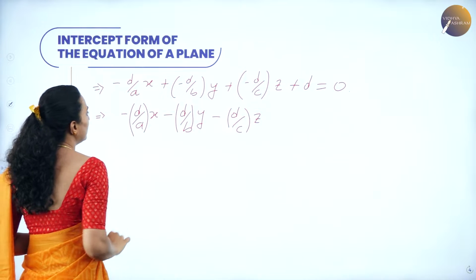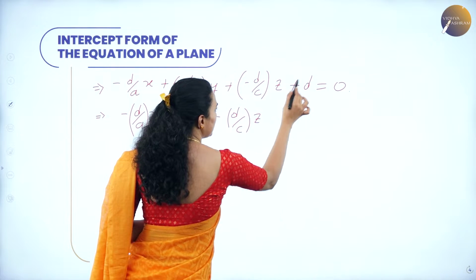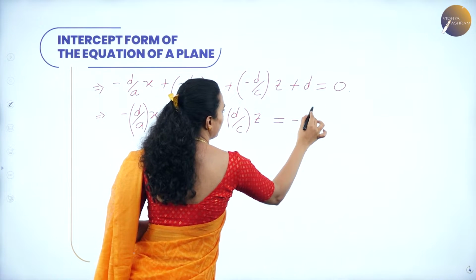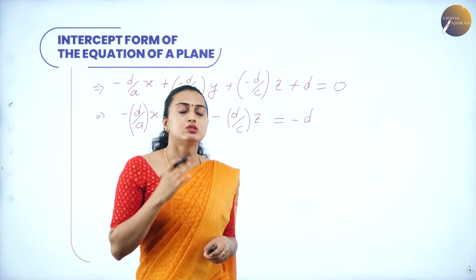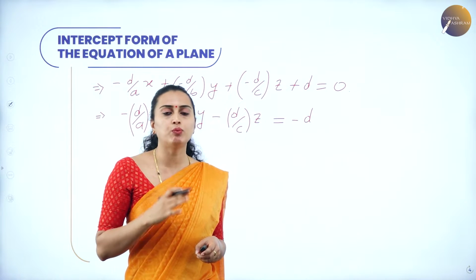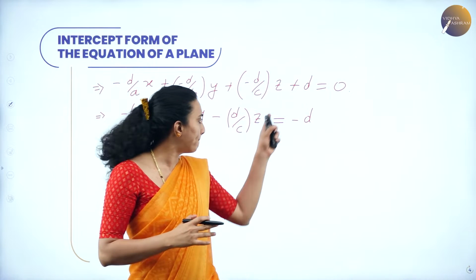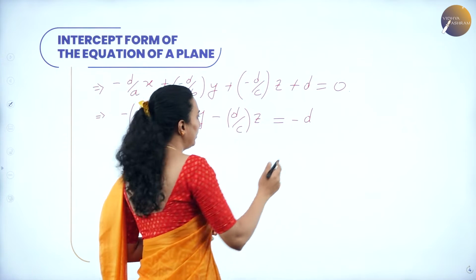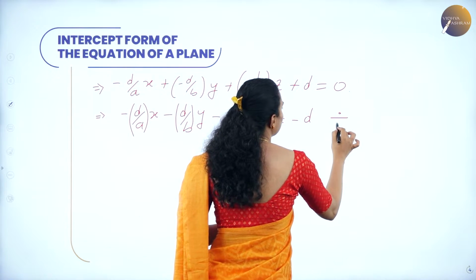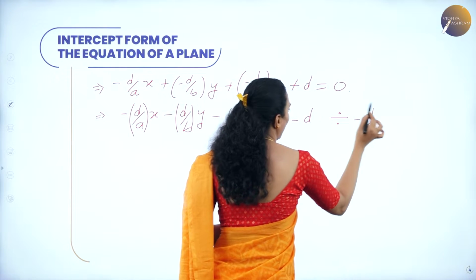Plus d, I am going to take to that side, which will become minus d. Now I want the right hand side as 1. So for that, I am going to divide throughout by minus d. So what happens?